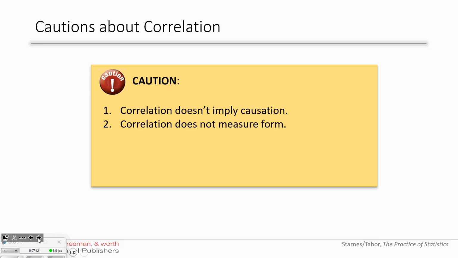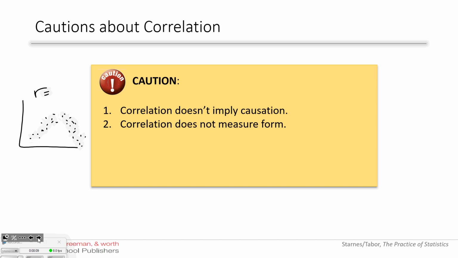Correlation doesn't measure form, and we'll see what I mean in just a second, but essentially to find these R values, to find that correlation, it's just a formula. So I could theoretically have data that, when I make my scatter plot, is clearly nonlinear. And you could plug these points into the formula and get an R value.